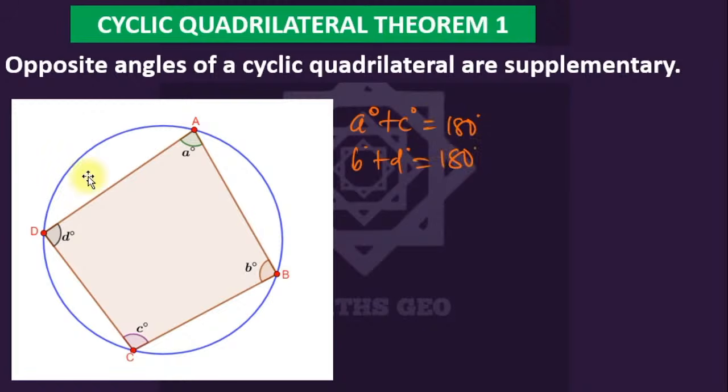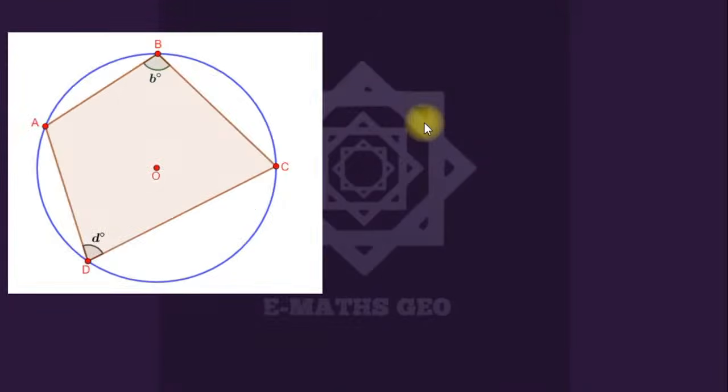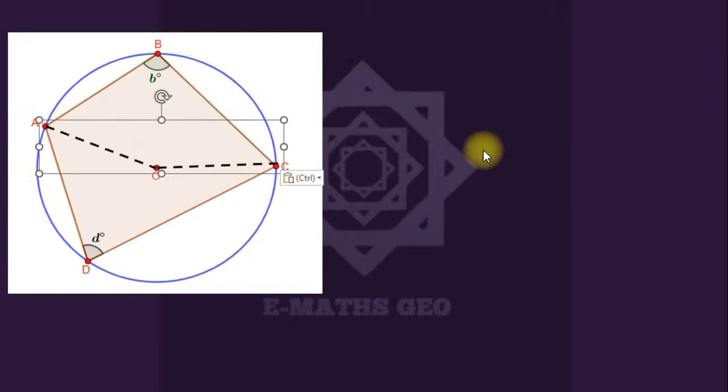So the next thing is to prove the theorem. Let's prove it. Draw two auxiliary lines, one running from center O to vertex A and the other running from center O to vertex C. So we have that.